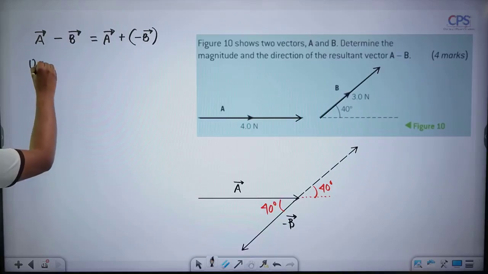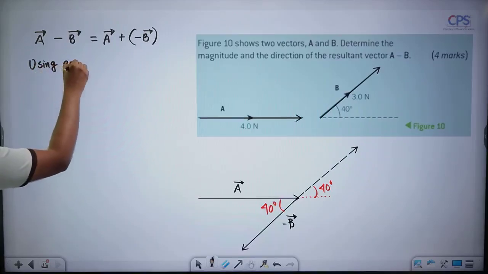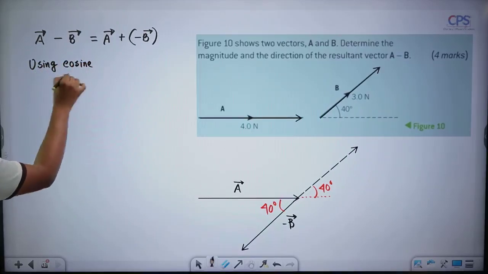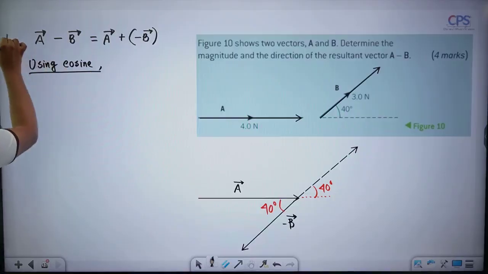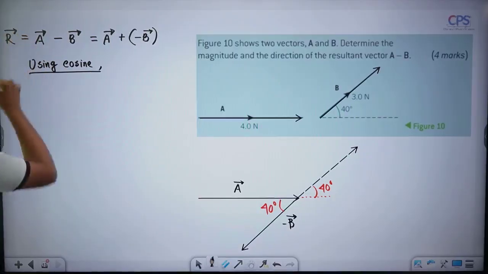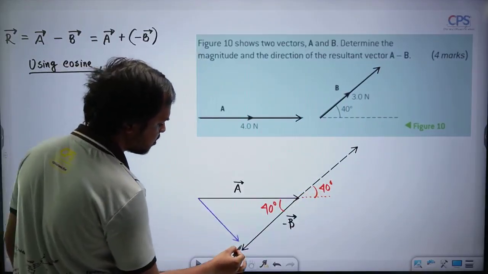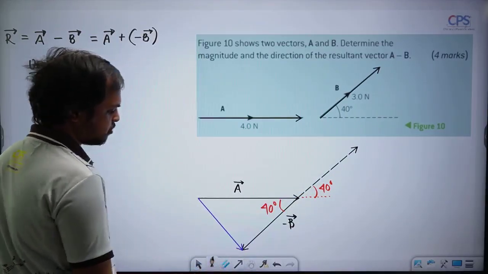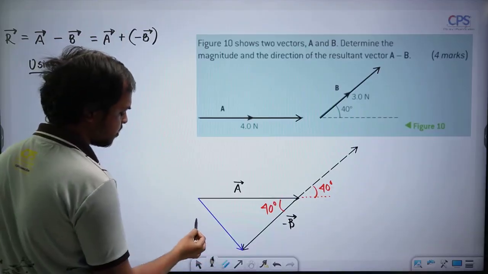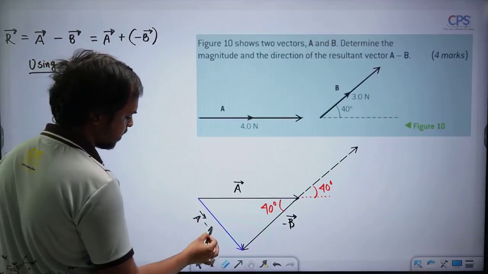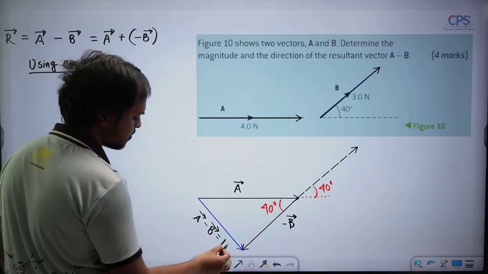Using cosine, let's assume R vector as the resultant of A vector plus or minus B vector. So R vector is from the head, from the start to the end, right? This is A vector minus B vector, or R vector.